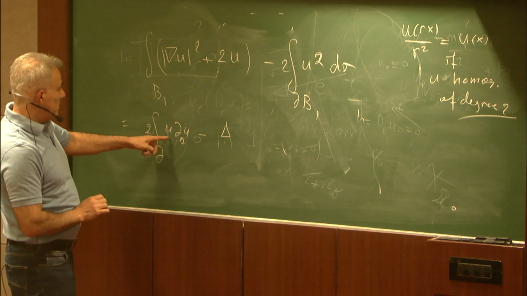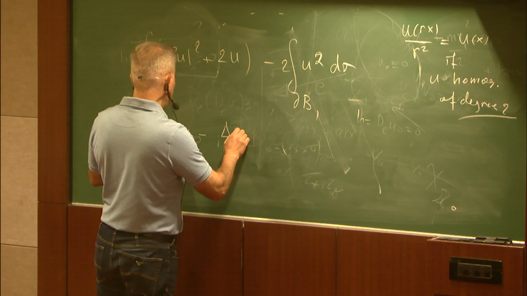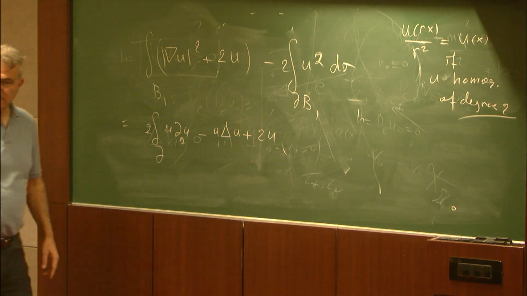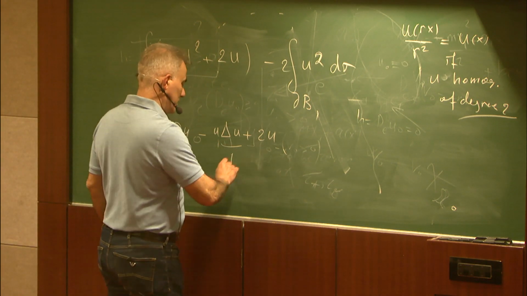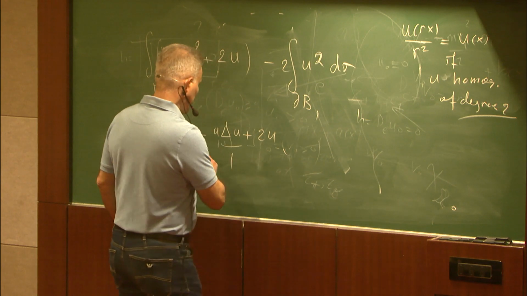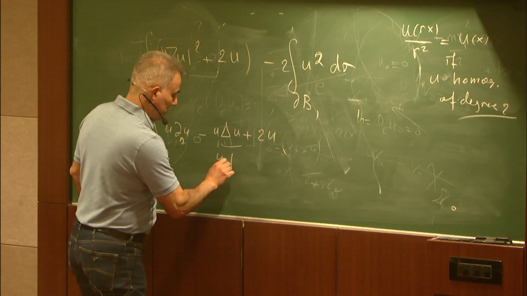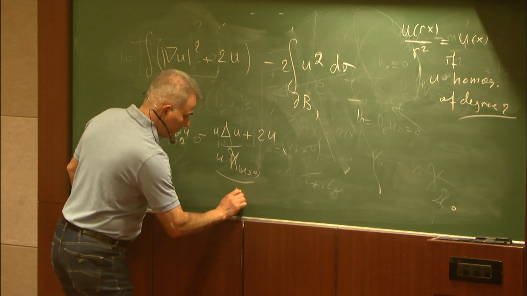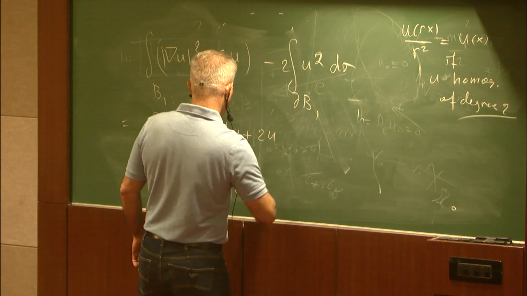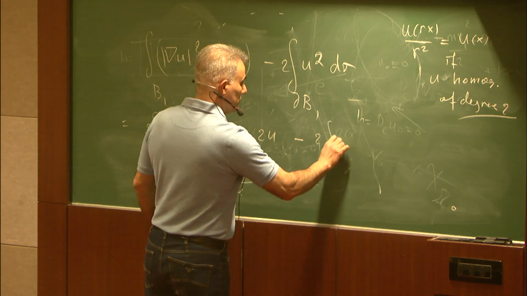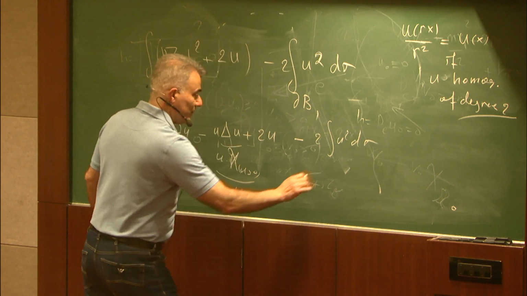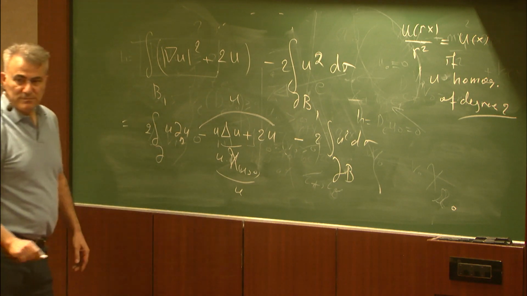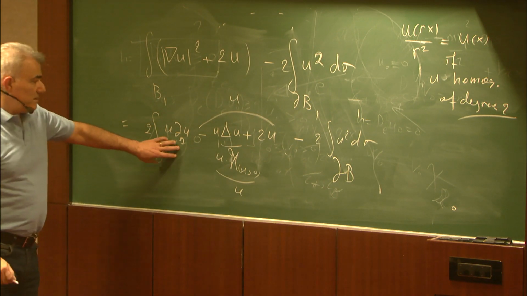Integrate by parts, and then u times the Laplacian of u plus 2u. And this is just 1, our characteristic function, but the product, so it will be u times 1 basically. The characteristic function of u positive, so the whole thing is just u. And then we get minus 2u squared over the boundary. But the whole thing here will be just u. This guy disappears with this guy.